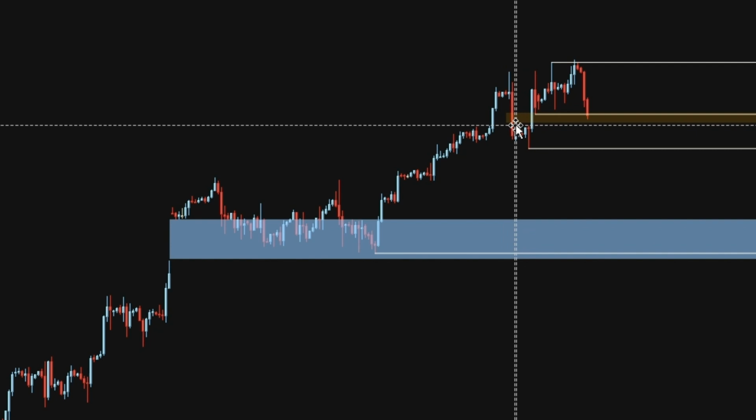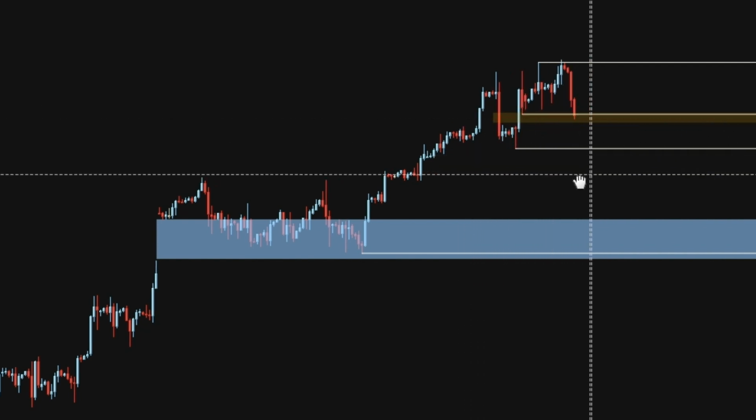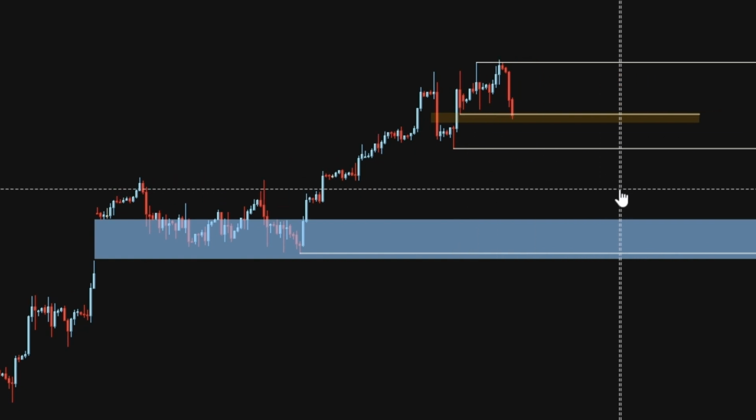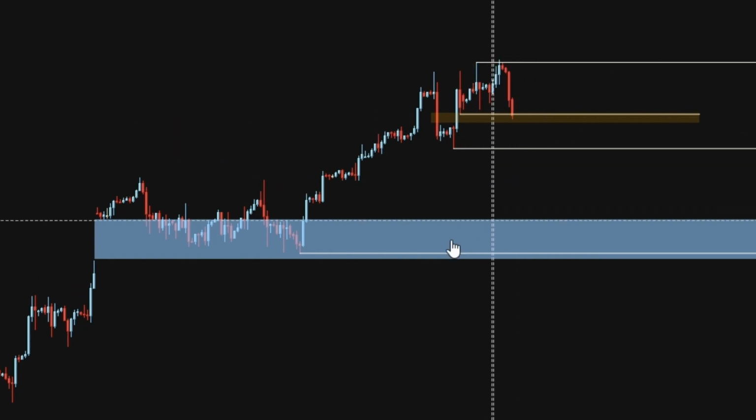So combine these two, and this will become a balanced price range. This typically acts as support if we are on an uptrend. So we shall see.